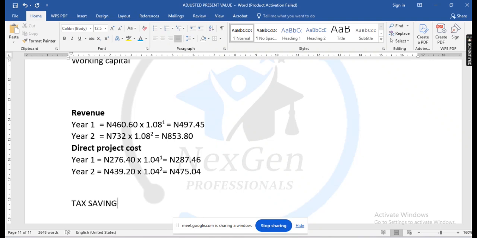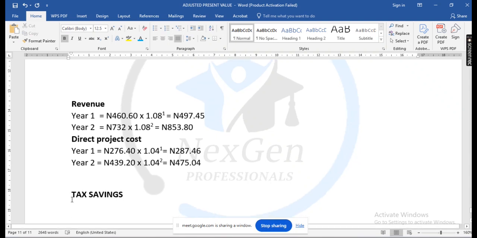Tax savings. So this is tax savings. This will be year 0. So what is the cost of the assets?